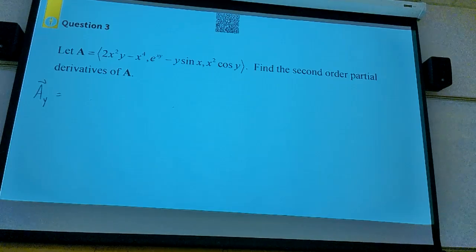But we could also go down the path of partial with respect to y first. Good question. With respect to y, it's what, 2x squared? x e to the xy minus sine of x, negative x squared sine y.